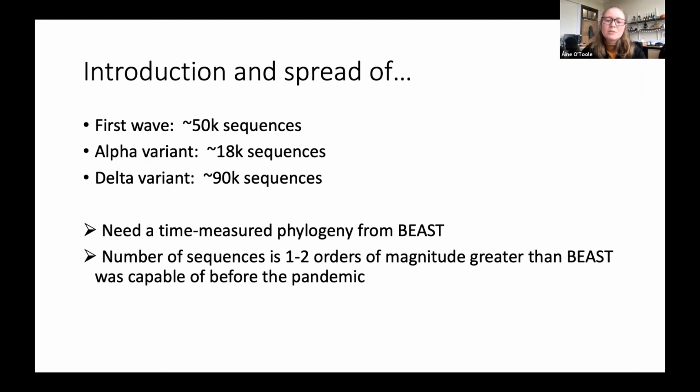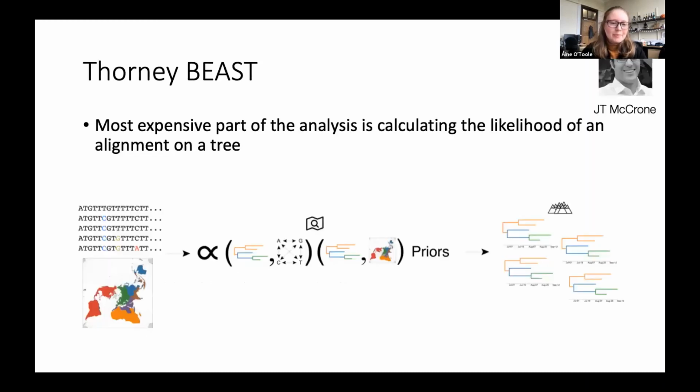For these sorts of analyses, we need to be able to use a tool such as BEAST for a time-measured phylogeny. But even with downsampling, the sequence sets that we have for these analyses are 1 or 2 orders of magnitude greater than, for example, the Ebola epidemic dataset. So JT and others have worked on several optimizations which would allow this analysis to scale.